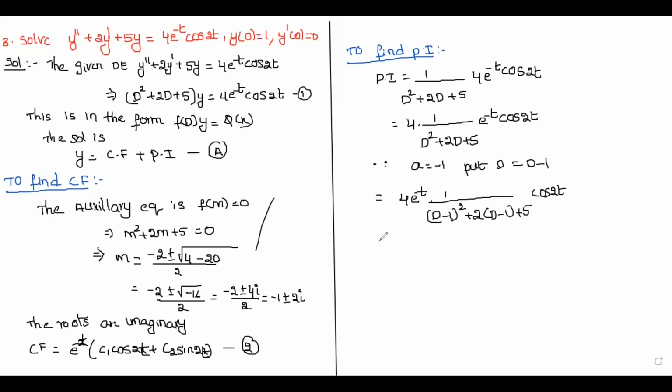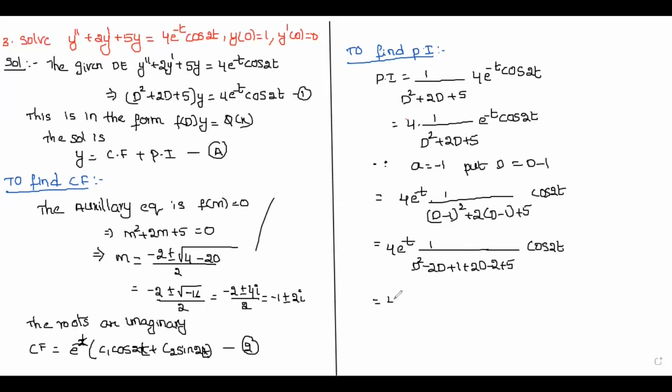So this is equal to 4 into e power minus t, 1 by D square minus 2D plus 1 plus 2D minus 2 plus 5 into cos 2t.